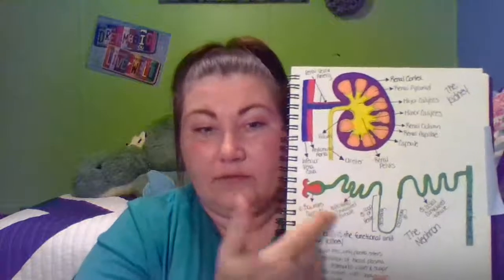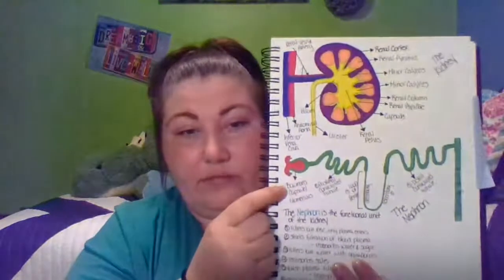You will be labeling these in your lab book later on. If you were to take one of these renal pyramids and magnify it a ton, you would begin to see a bunch of little tiny nephrons in there. And here's the drawing of the nephron that's in my notes.